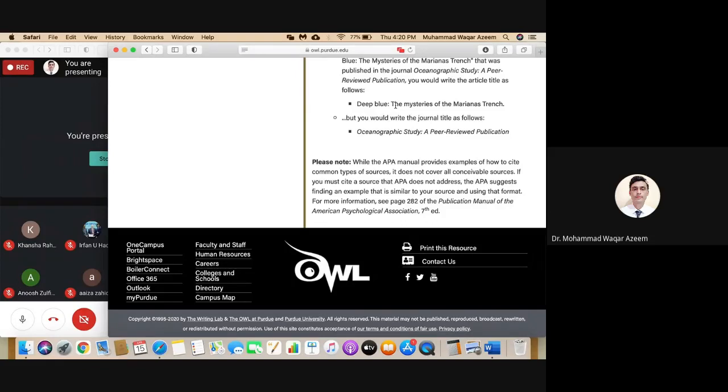T is uppercase because it is after the colon. Marianas Trench, uppercase because this is a proper noun. All other letters are lowercase. But as far as the journal title is concerned, it's written like this. So notice two things. One, the first letter of all the major words are uppercase. Number two, the whole title is italicized.